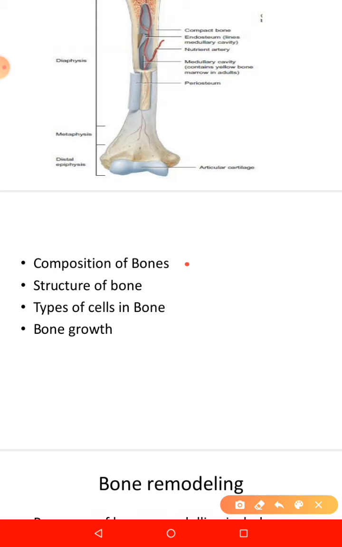In terms of the matrix, it is made up of a protein called collagen fibers, and the collagen fibers form about 90% of the bone. And we have ground substance formed by the extracellular fluid, like the proteoglycans and chondroitin sulfate.